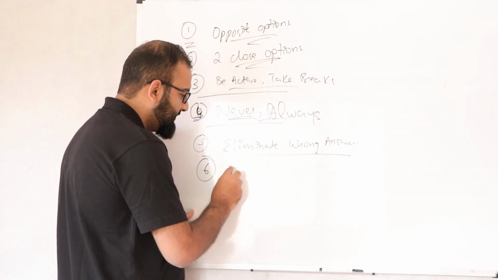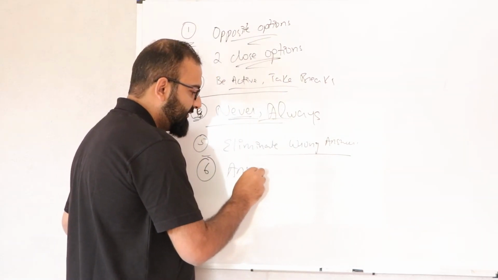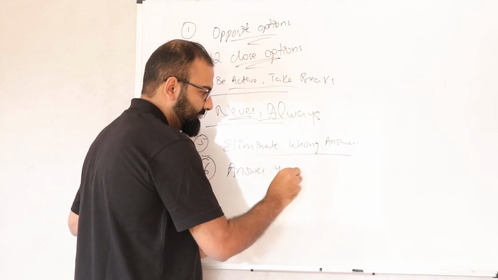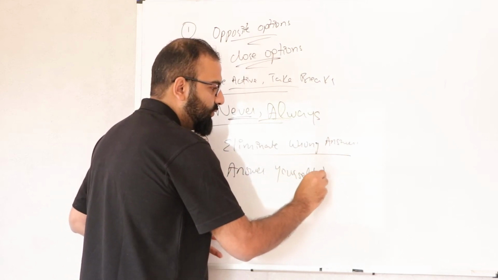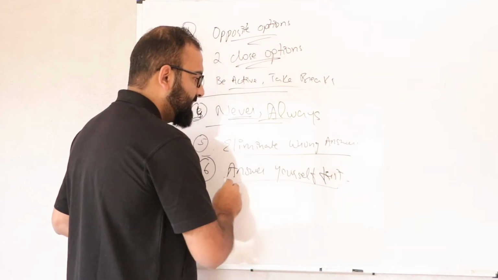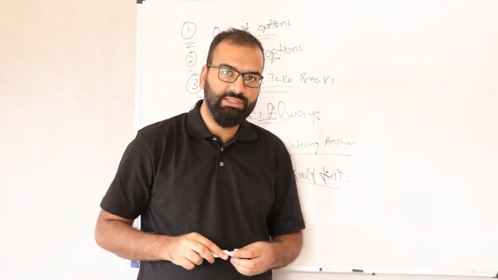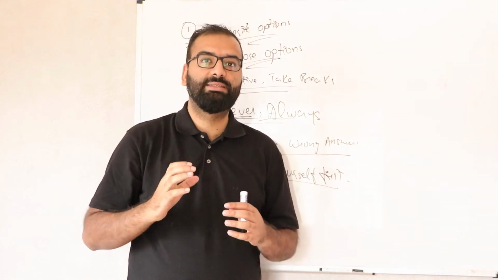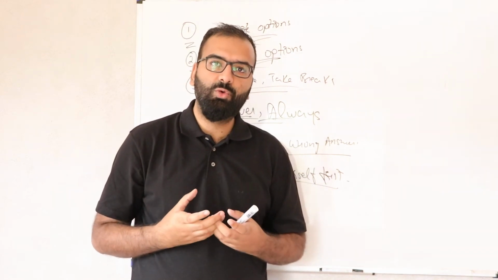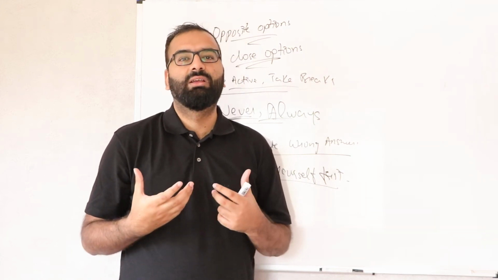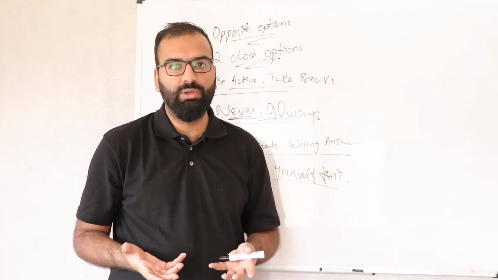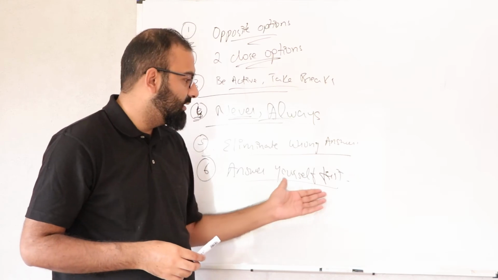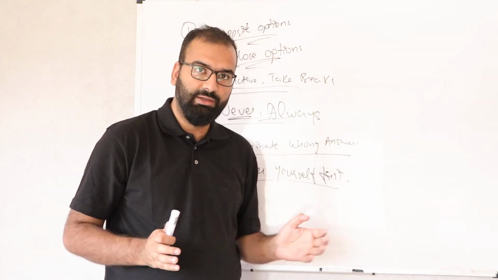Number 6 is that try to answer yourself first. So what that means is that whenever you are faced with an MCQ question, after reading the stem of the question, you should always try to answer in your own mind yourself first the answer to that particular question. So for example, you read an entire statement.